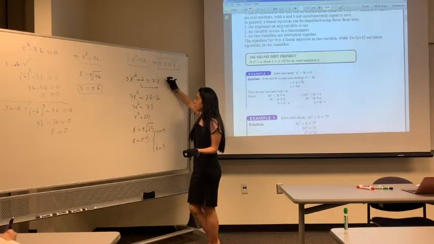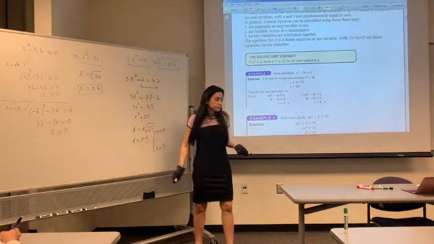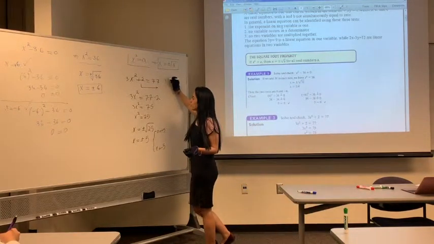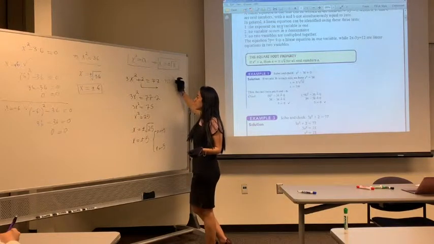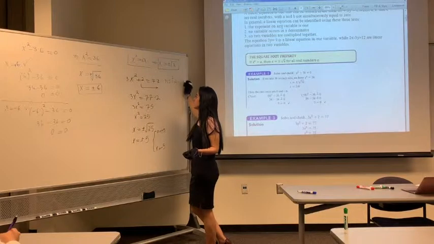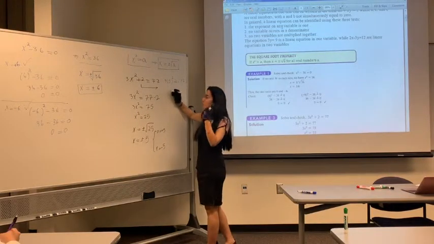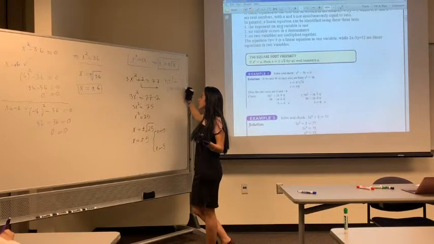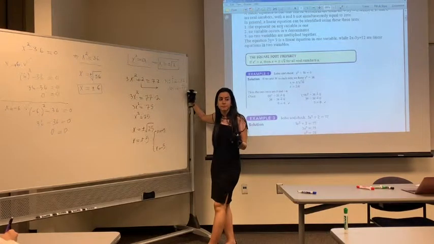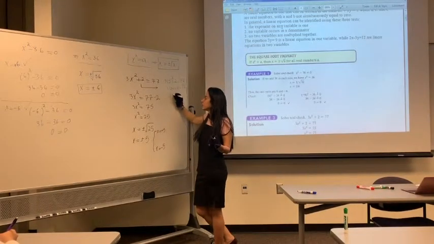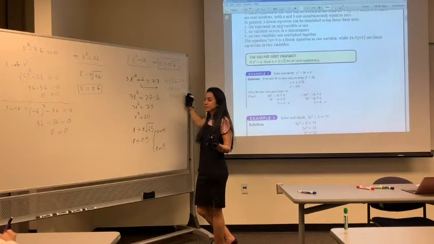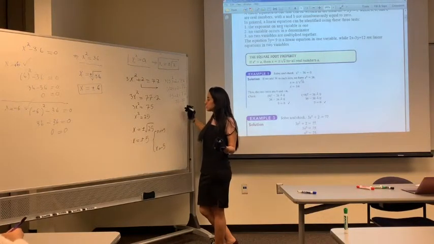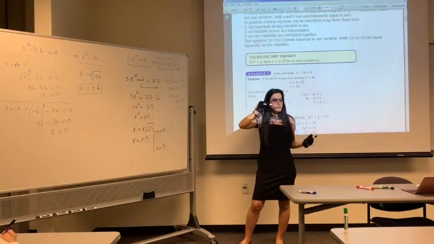So 3 times positive 5 power 2 plus 2 equals 77. 3 multiplies 25, plus 2 equals 77. 75 plus 2 is 77. 77 is equal to 77. So 5 was correct.